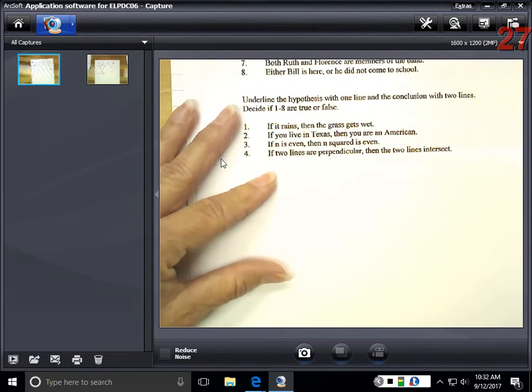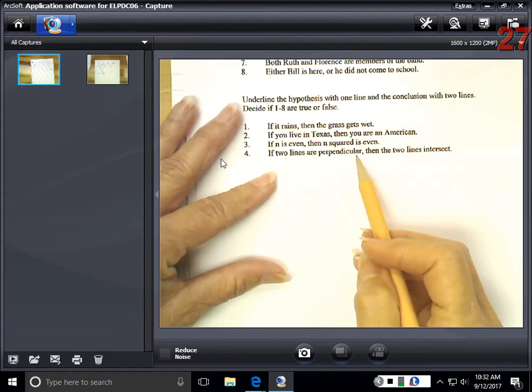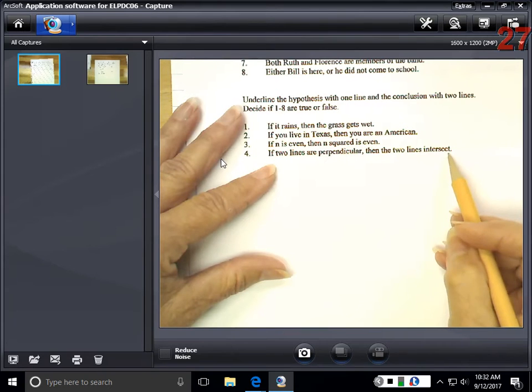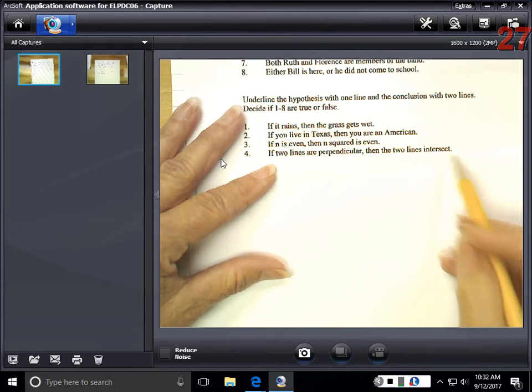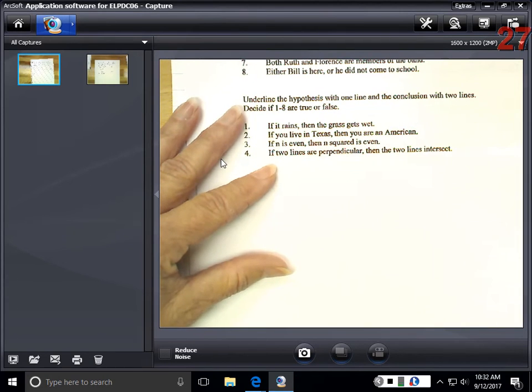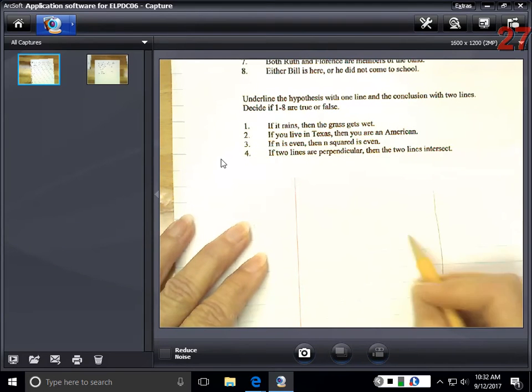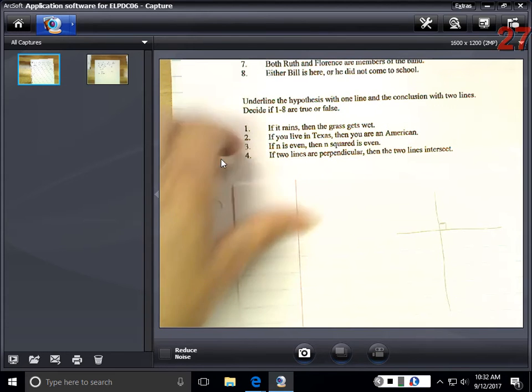If two lines are perpendicular, then the two lines intersect. So one line under two lines perpendicular, two lines under then they intersect. Okay, think about that. They're perpendicular, that means they form 90-degree angles. So more than likely, that's true.